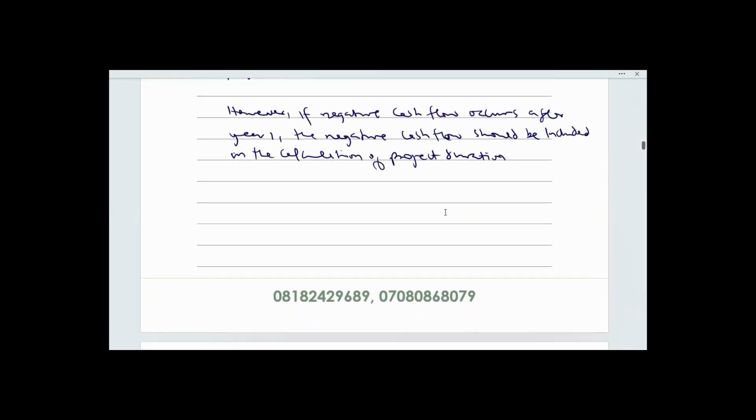Say, for example, this is scenario 1. In this scenario, we have year 1, year 2, year 3, then year 4. The cash flow given in year 1 is 5,000 naira negative. Year 2, 8,000.